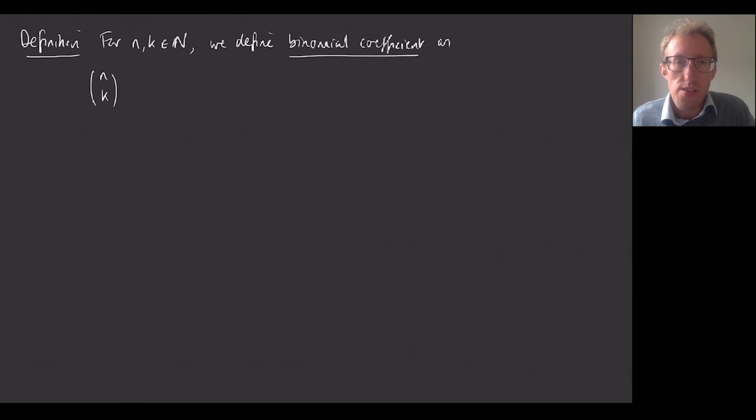So we write this as n over k, but without a horizontal line, surrounded by brackets. It's also sometimes written nCk, like that.